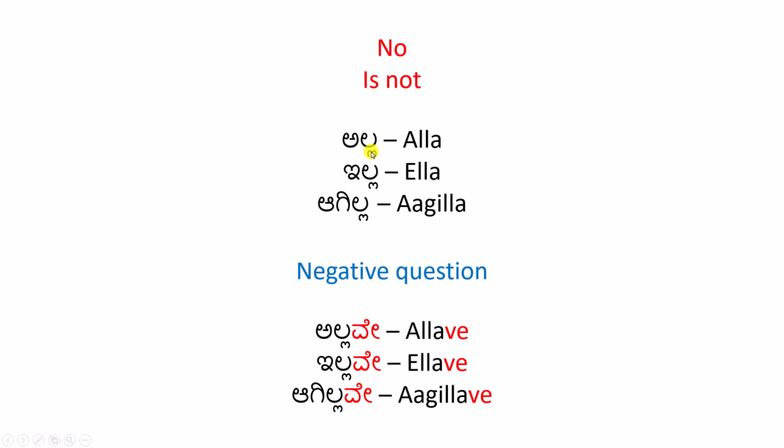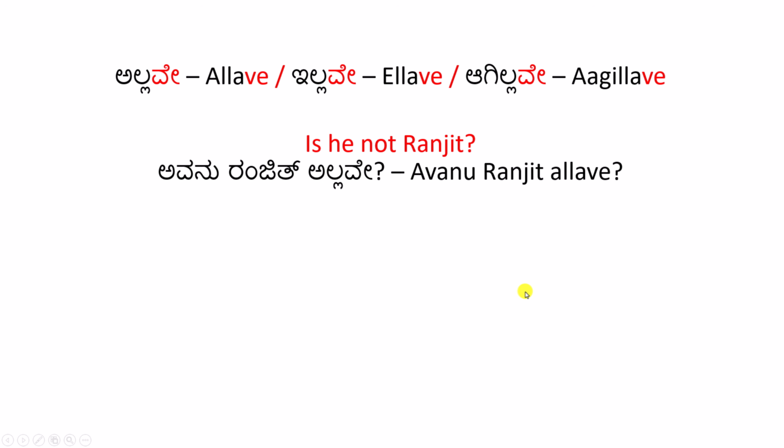So, alla becomes allave, illa becomes illave, and agilla becomes agillave. Alright? So, let us look at few example sentences.